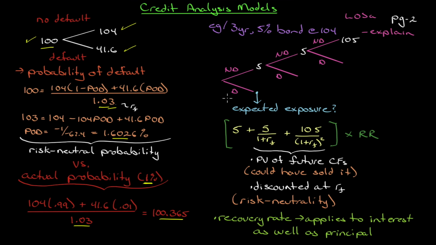Now, just so that we understand what's going on when we say risk neutrality, I'm sure you remember risk aversion, risk seeking, and risk neutrality. Let me make the argument on this side of the screen now for why we're going to use the risk-free rate, which we've used over here. We're going to use it over here to discount any future cash flows, or, as we've done here, even to discount these particular cash flows.